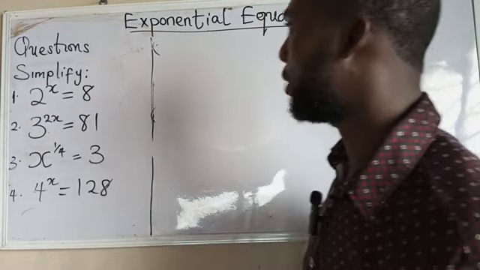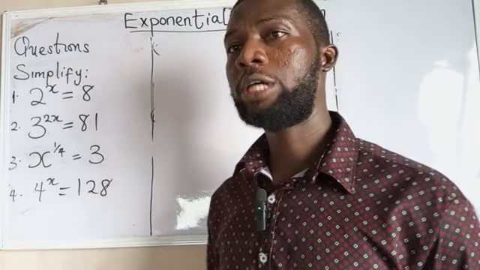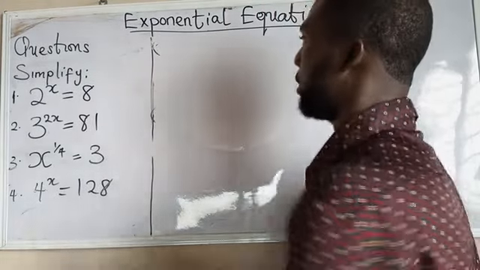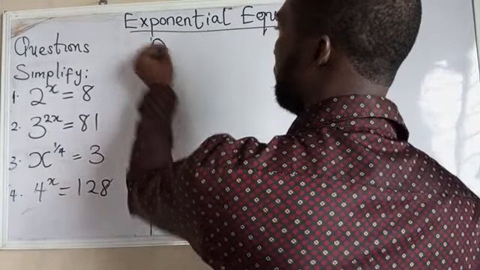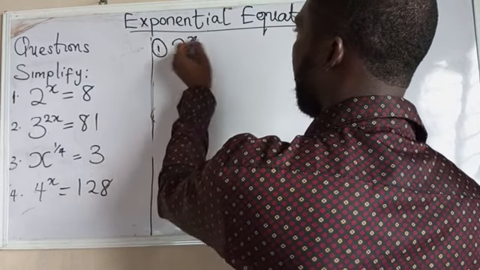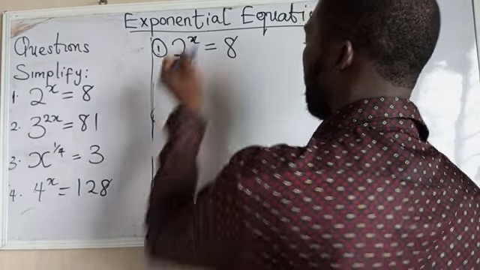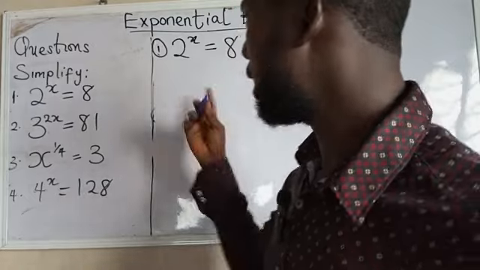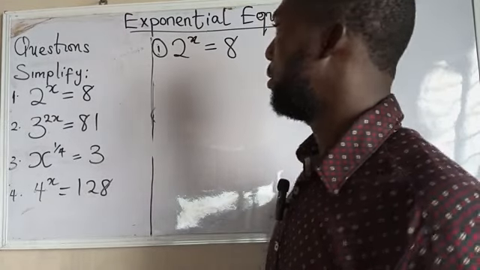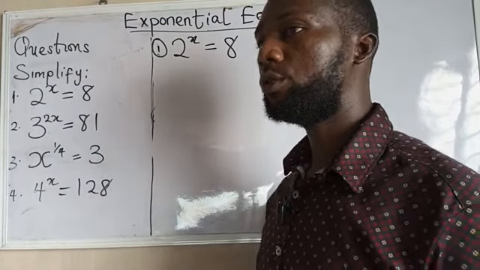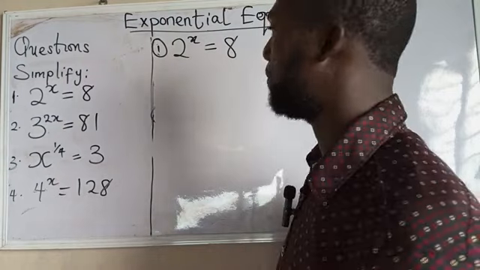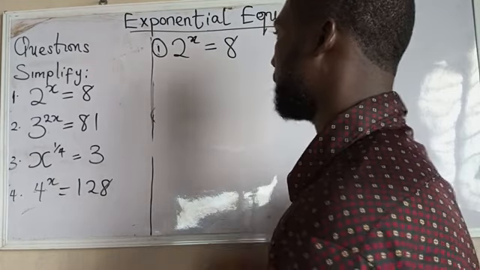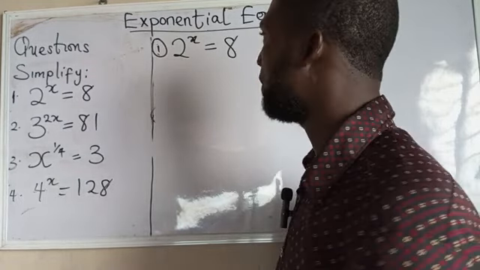So let's look at the questions and analyze them one after the other. Now let's look at the first question: 2 raised to power x equals 8. So how do we solve this? What we should observe is this. Look at your left hand side and your right hand side.